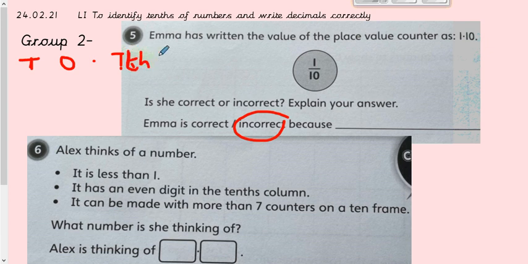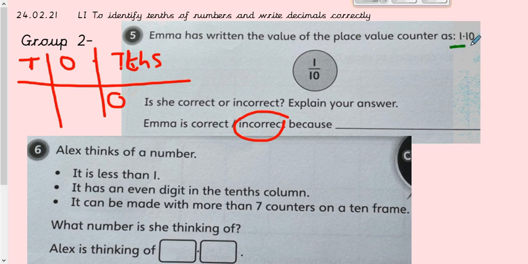Sorry, it's really hard to write using this. This is a really unneat grid, sorry. If you have 1/10, that would just be one counter there, wouldn't it? But her number is 1.1/10, so that would mean she would have one counter here and then one counter here.